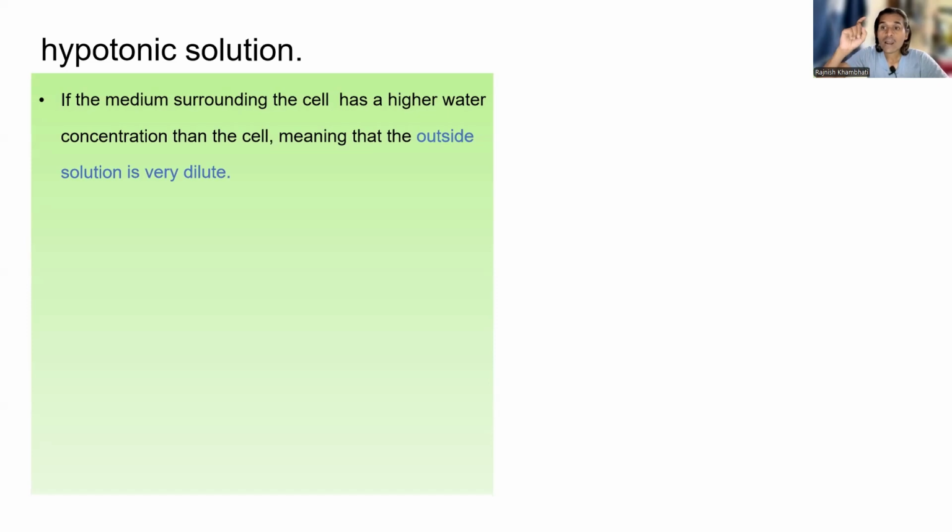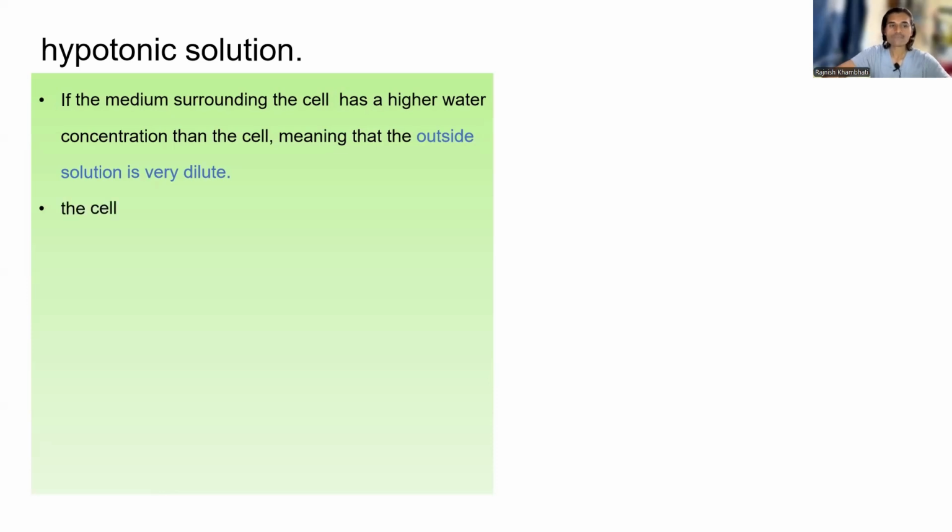If the medium surrounding the cell, meaning the outside solution, has higher water concentration, when water is high that means concentration is low. So compared to the cell, the outside solution is very dilute than the cell cytoplasm.